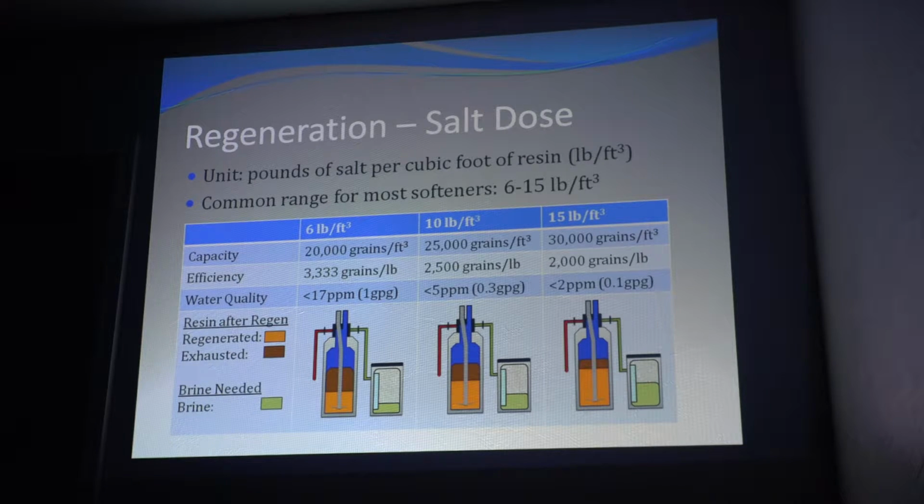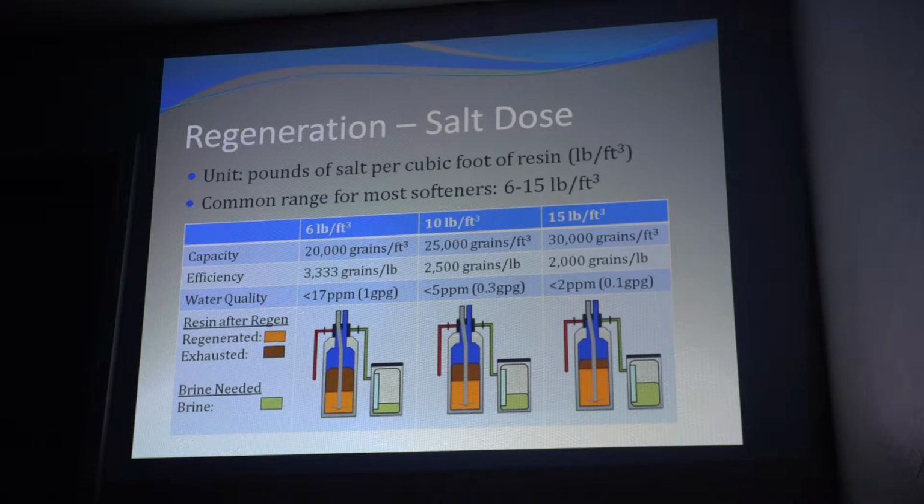But what happens in some of these high volume applications, and I've had this happen multiple times, is that the softener that is online while the other unit's in regeneration will become exhausted. As soon as the unit gets done regenerating, the other one goes into regeneration.